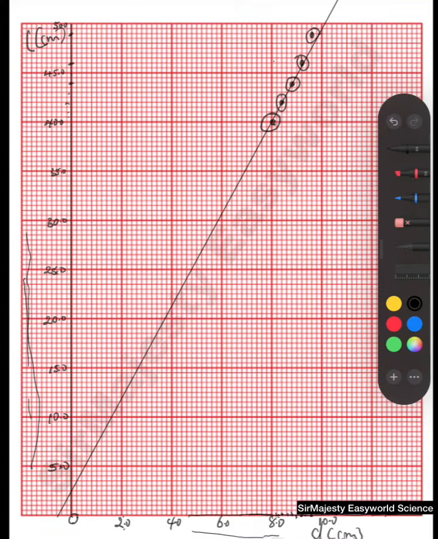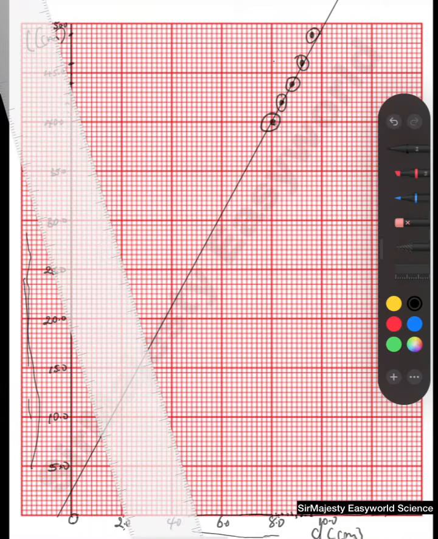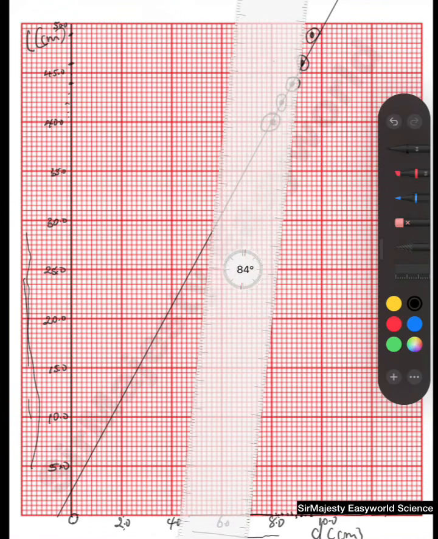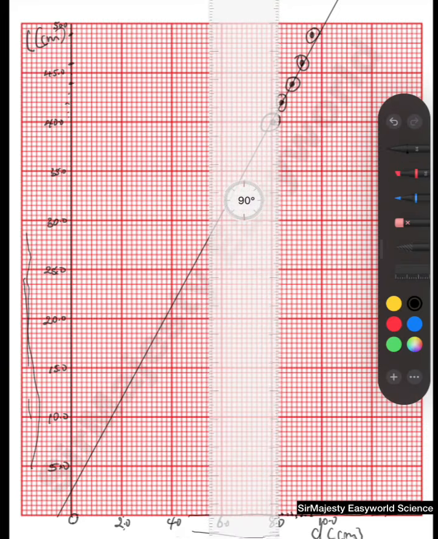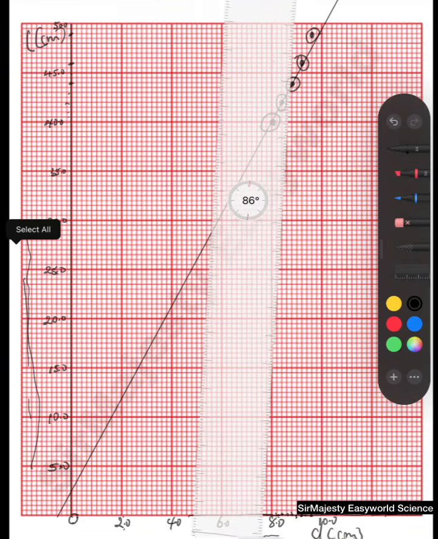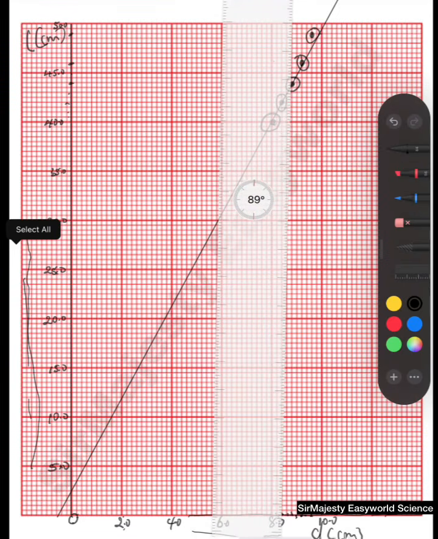Find my slope. You always make your slope large in size. I may decide to use this point that enters to find my slope. Always make your slope look large. Start from here.